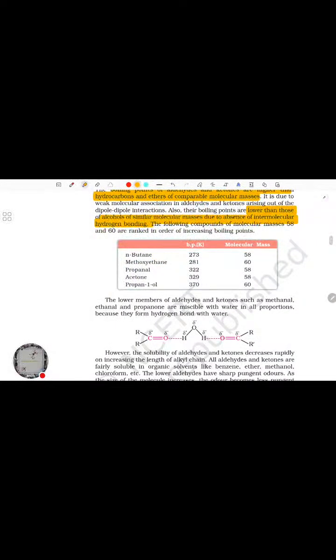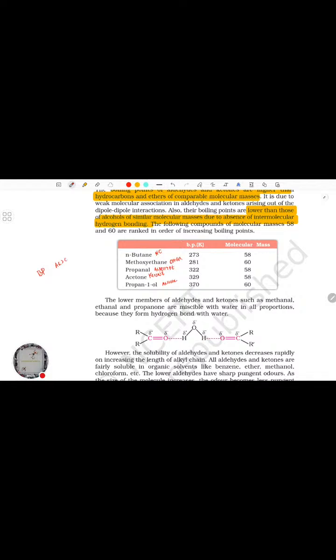So basically we have a hydrocarbon, methoxyethane, which is an ether, an aldehyde, a ketone, and an alcohol. What we are being told is that for boiling point, an alcohol will have a greater boiling point than an aldehyde.